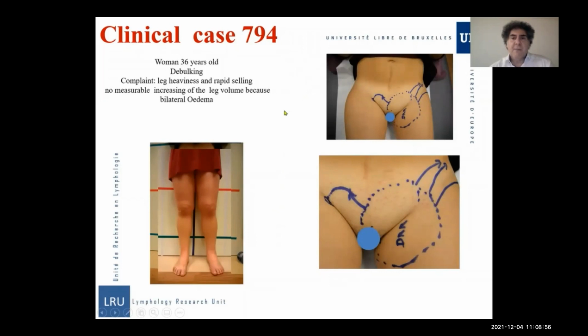The surgeons had to perform a laparotomy a few days after the surgery. And the patient then developed edema of both lower extremities. So very quickly, the diagnosis of secondary lymphedema was made.